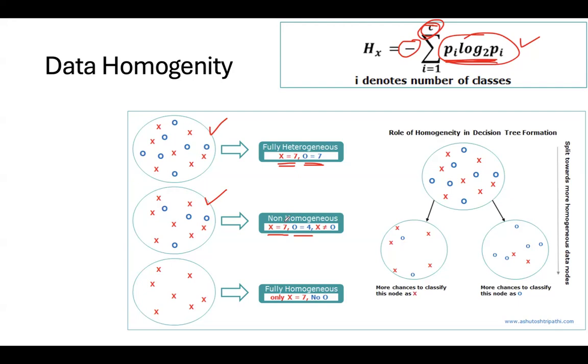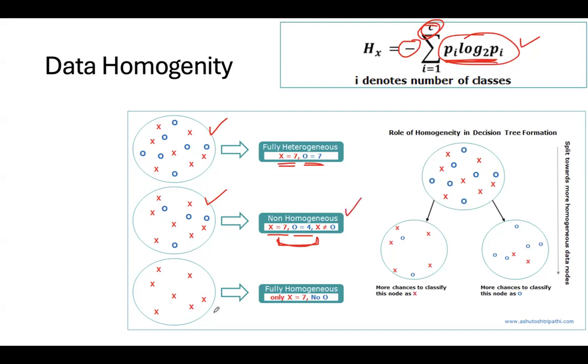The total number of circles and crosses in this case is 7 plus 4, which is 11. So the entropy would be 7 over 11 log 7 over 11 plus 4 over 11 log of 4 over 11.